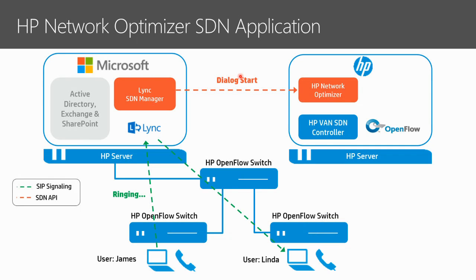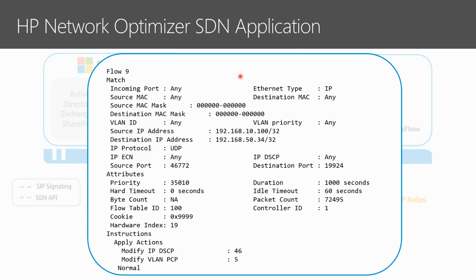And so next, we're going to put the OpenFlow rules into the switches. Now the traffic is flowing through the network, and we can look at the detail here. This is actually what happens in the switch, and what we're seeing is that there's a lot of detail, but the source and destination IP address are here.